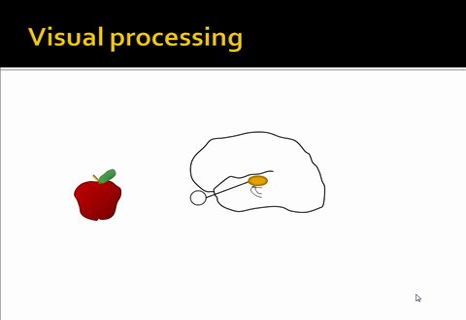At that point, the information tracks back through the optic radiations to the occipital lobe, to an area here, the primary visual cortex. At this point, no processing about this information has been done. It's organized, but it really hasn't been processed in any way to give understanding of what you're looking at.